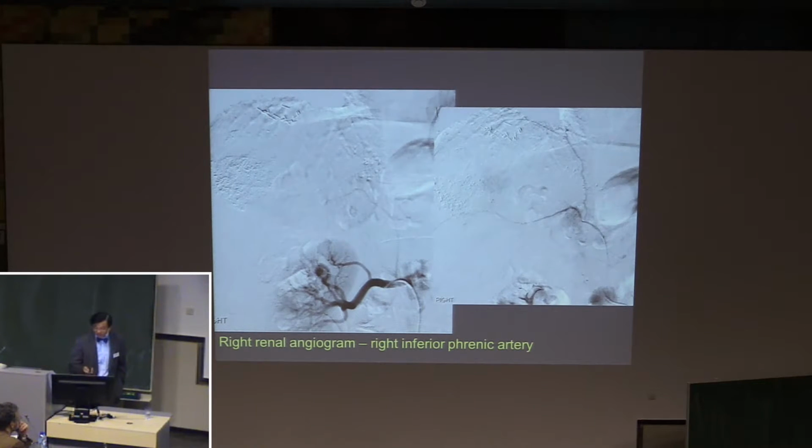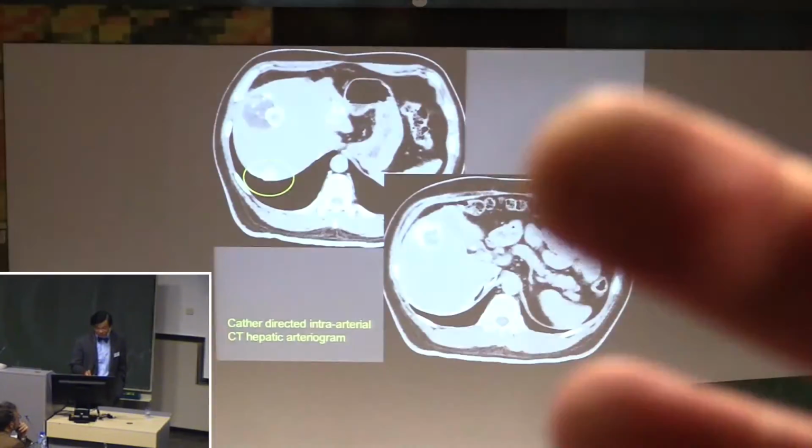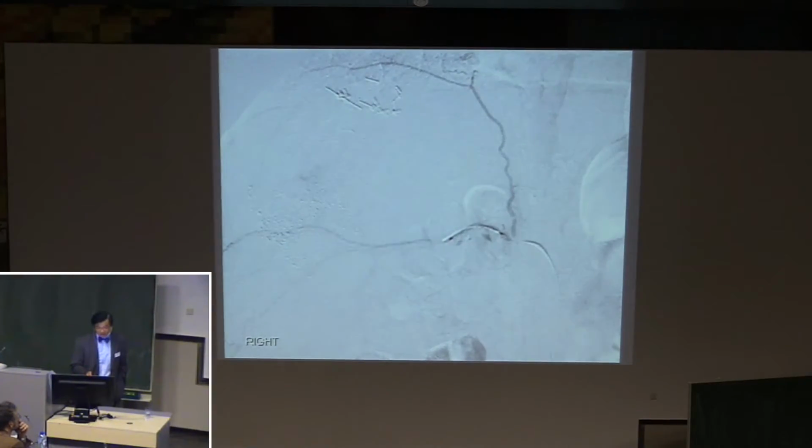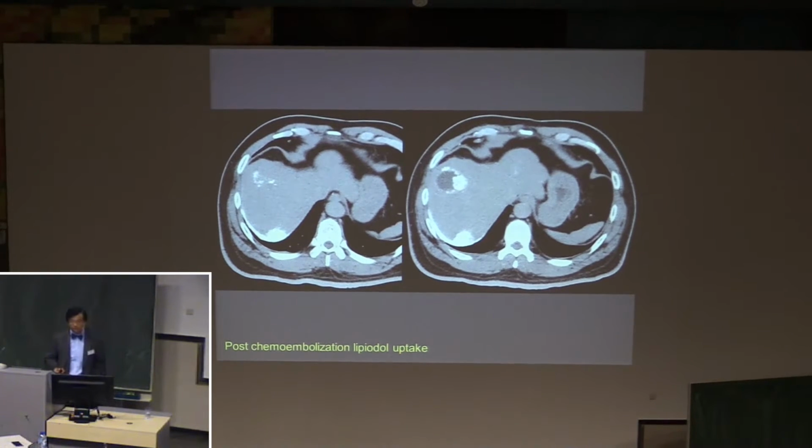And we went in selectively, and then took the opportunity to perform CT, not Conebeam CT, with catheter-directed injection, and this gives us the assurance that that lesion is now lighted up from the lower branch of the inferior phrenic artery, and we then proceeded to treat this patient, which otherwise I think on angiography alone we would not be able to detect. And here is post-chemoembolization lipidol uptake of that lesion.